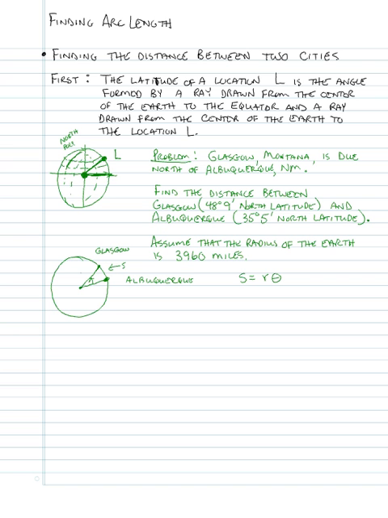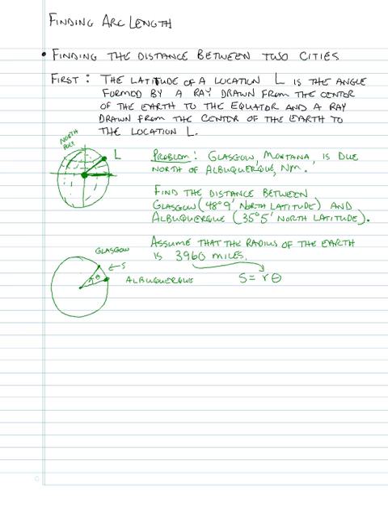Now, r I'm given, the radius of the Earth. So r I'm given, and theta is what I need to find. That's this angle. I wasn't told that, and I've got to make sure that it's also in radian measure. But if I have those two pieces, then I can find that distance between the two cities.